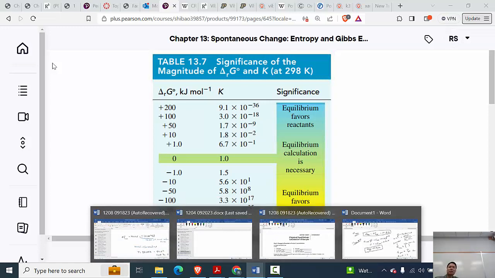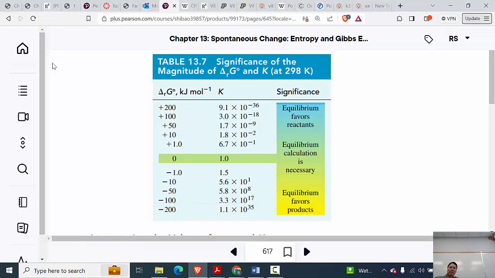At the limit, K would have to be infinity to have all product, and K would have to be 0 to have all reactant. If you have a finite number of particles in a container, then you could have 0 reactants, because you just don't have enough population to have one of those, by chance.